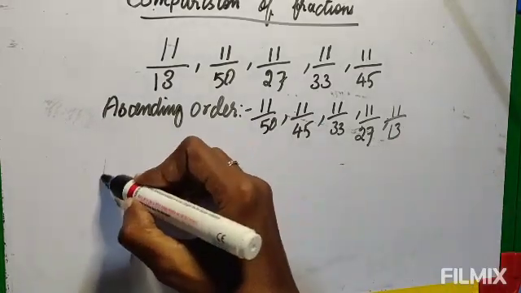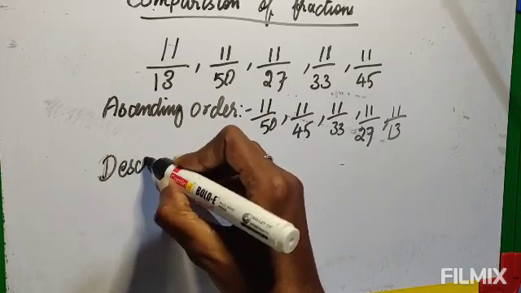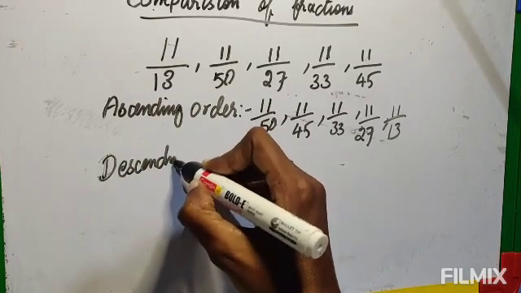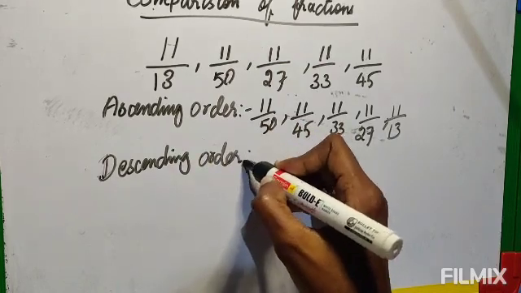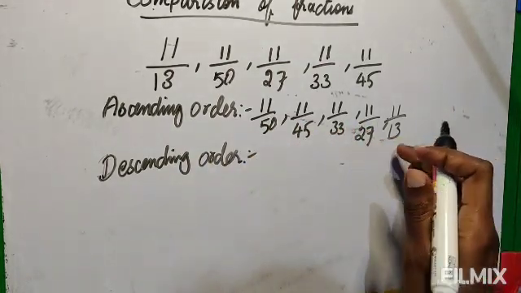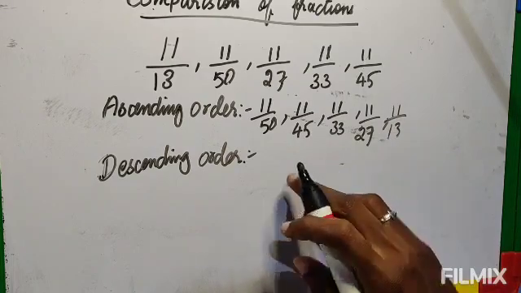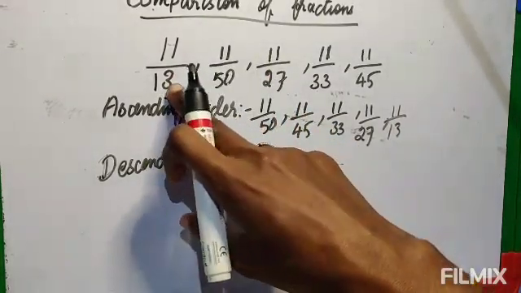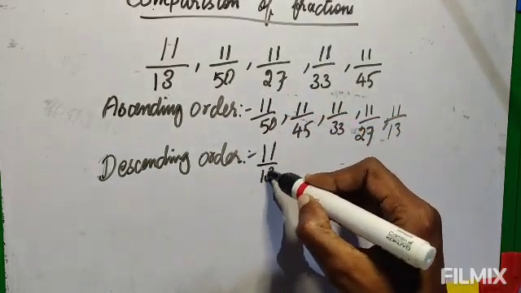Okay, now descending order. Descending order is from big to small. So in bigger one, which is having a smaller denominator, that is a bigger one. So smaller denominator is 13. So that is a bigger fraction.